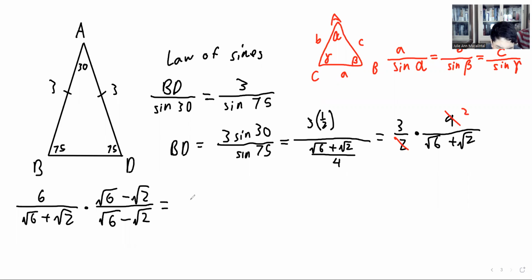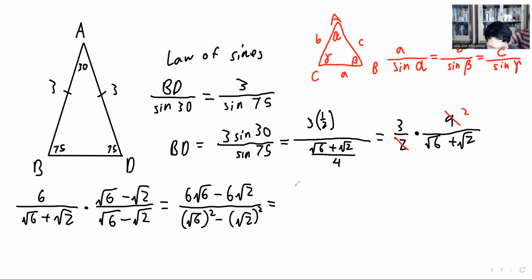This equals 6 square root of 6 minus 6 square root of 2 all over square root of 6 squared minus square root of 2 squared, which equals, oh wait, this is 6 minus 2, which is 4. Okay, I see where it's going.